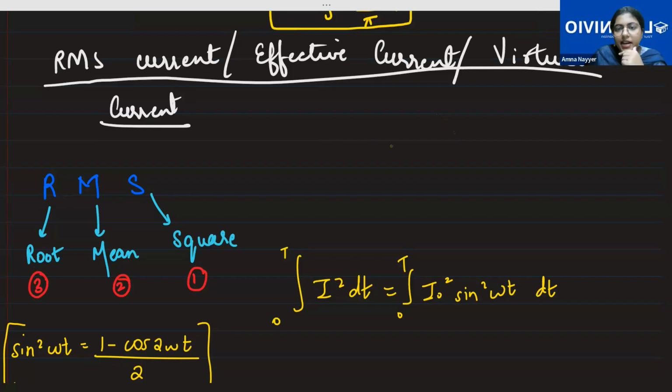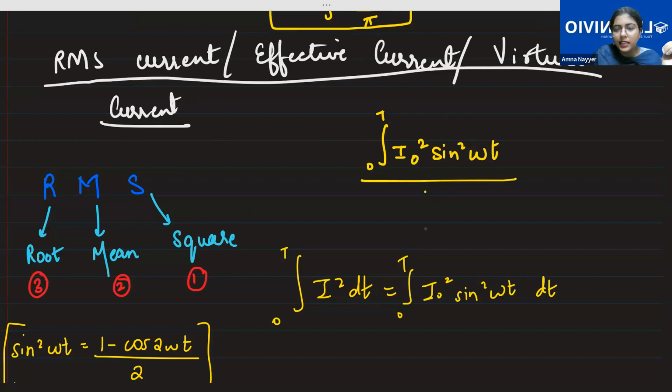So see, if I say squaring the current, means I will square I naught square sine square omega t. First step I have done, I have squared the current. Second says mean value. Mean value means this has to be integrated from 0 to T divided by the integration of dt from 0 to T. That's how we take the mean value.